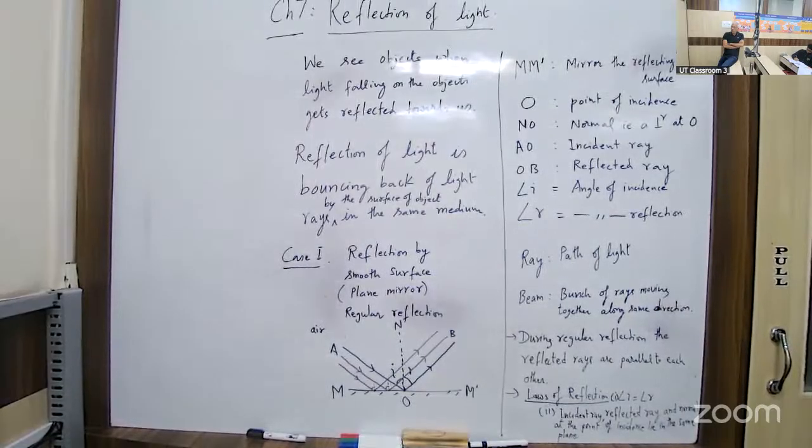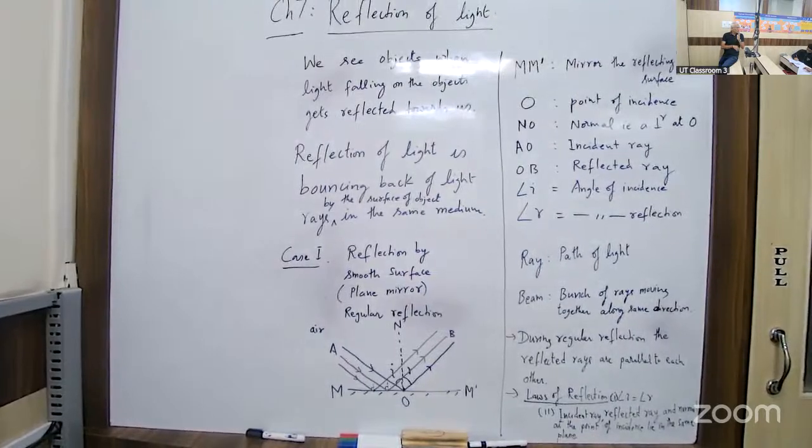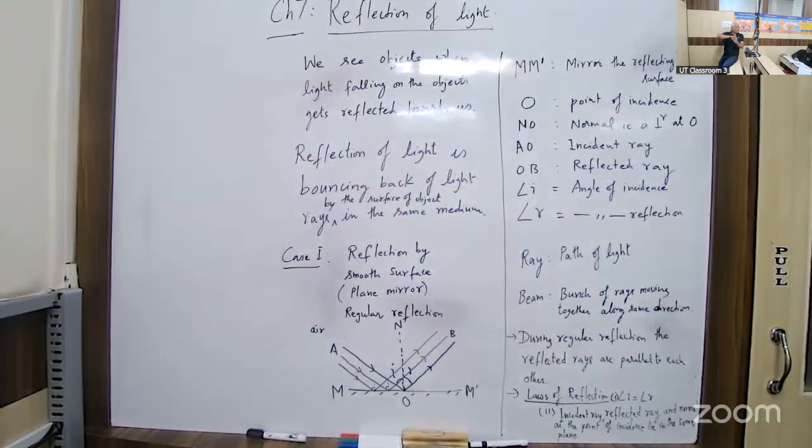Is this a plane mirror or a glass? It's a transparent glass. Can it be made into a mirror? By applying silver coating on the other side. So a plane mirror is a smooth glass surface on one side and a silver coating layer on the other side. Okay. So what is the importance of applying silver on the underside?